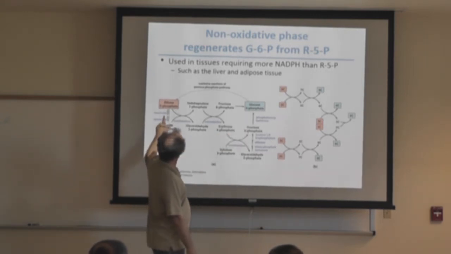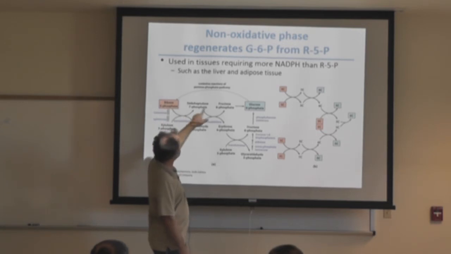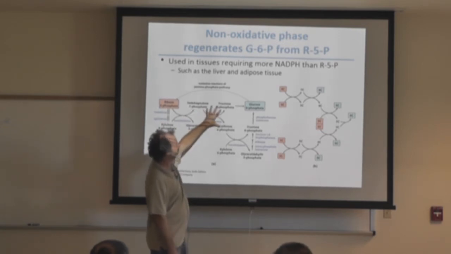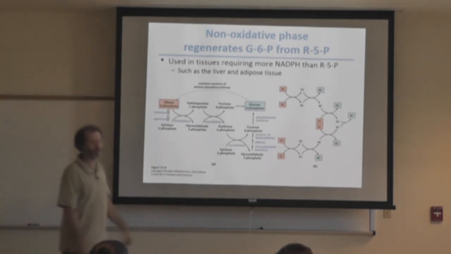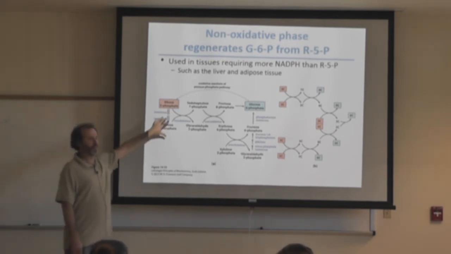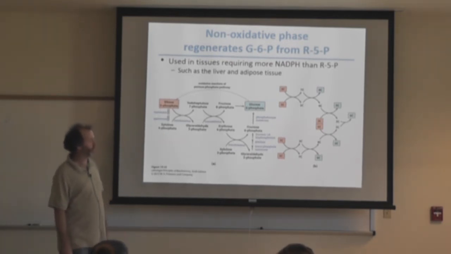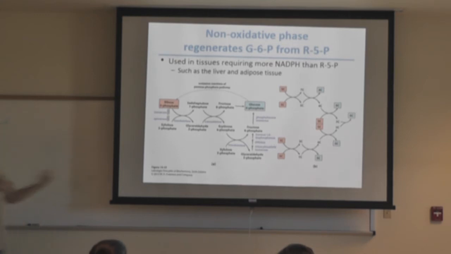And then on the other turn, if you isomerize that, you have... don't worry about memorizing these pathways because I'm not going to test you heavily on these at all. So just know the basics for what's important about the pentose phosphate shunt. And that's to make ribose and NADPH, basically.